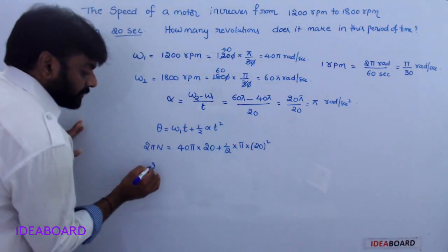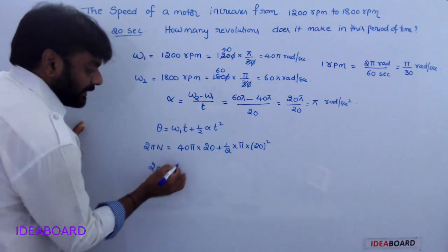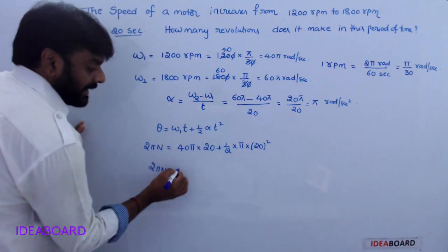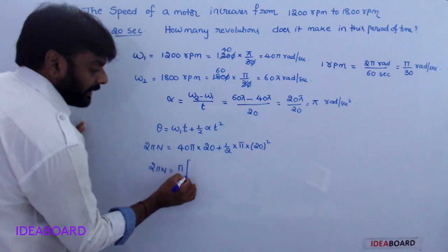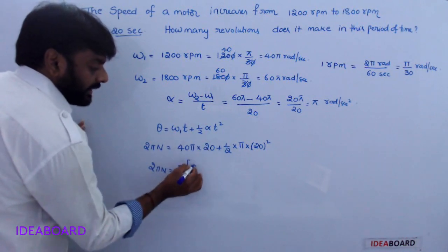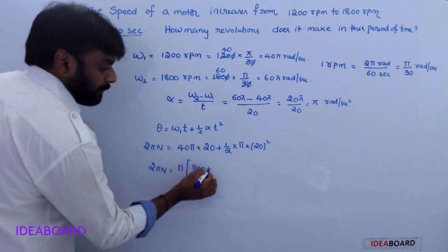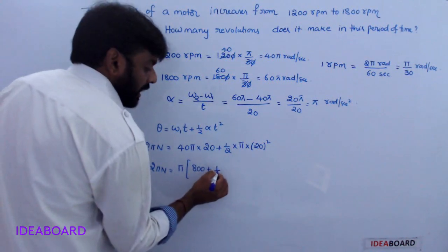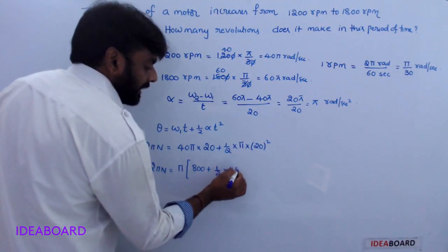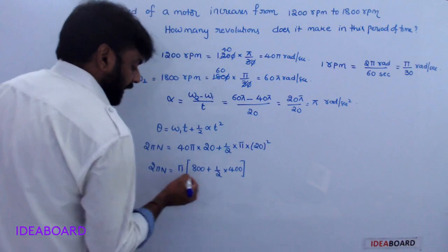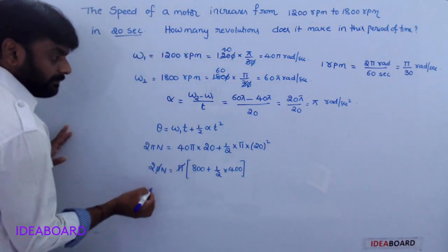So 2 pi n, here pi is common. 40 into 20 is 800, plus half of 400. Both sides pi cancel.